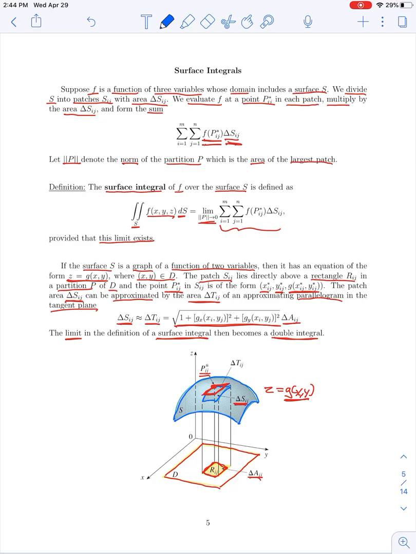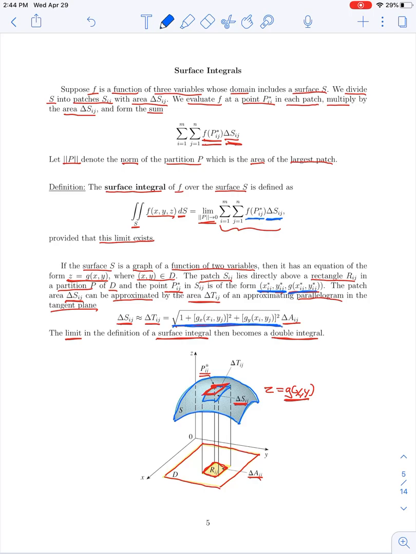the limit of a double Riemann sum, f evaluated at this point, p ij star. Well, we can define that point in terms of x and y, where our z coordinate is given by the value of g at x and y. And then our delta S sub ij is now replaced by the following approximation.